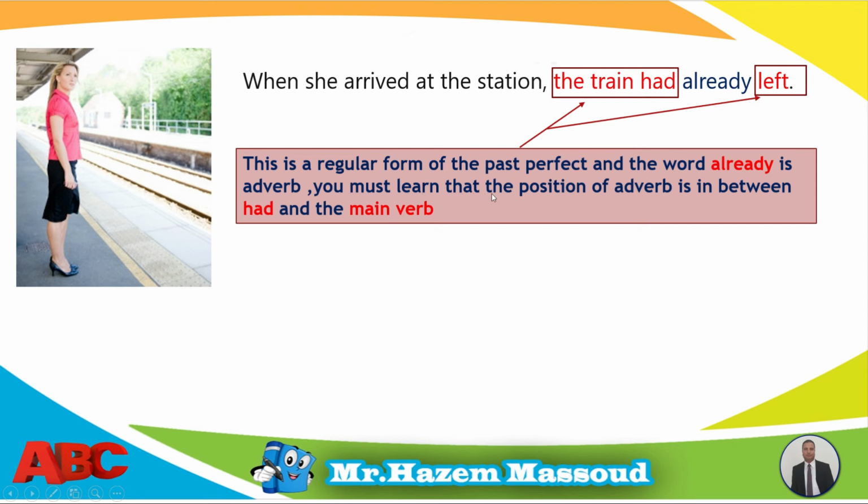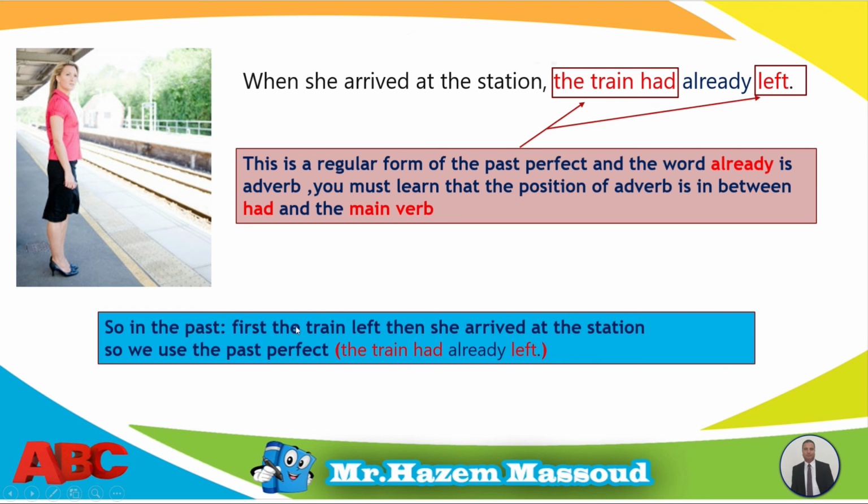You must learn that the position of the adverb is in between had and the past participle or the main verb. So in the past, first the train left, then she arrived at the station. So we use the past perfect. The train had already left. So I use the past perfect to describe the first action in the past.